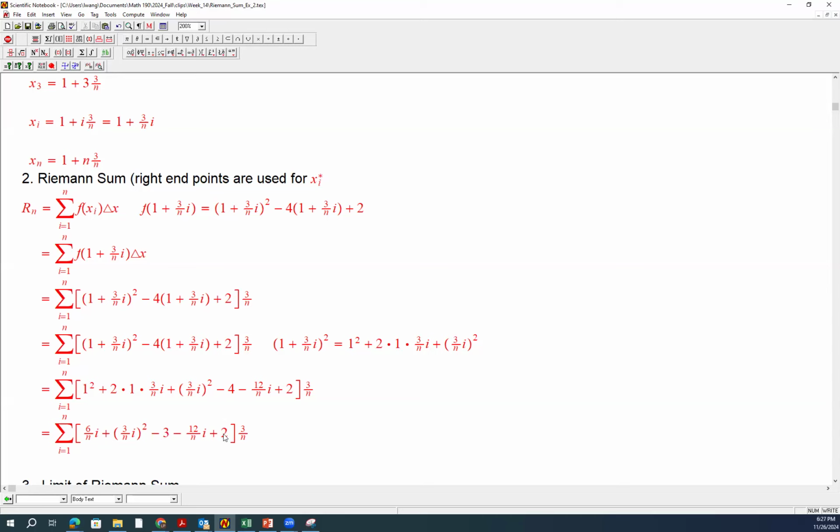And there's a plus 2 and minus 3, so this is a minus 1. Then 6 over n, 12 over n, multiplied by i. These two are like terms, and after we combine them, we get minus 6 over n times i.